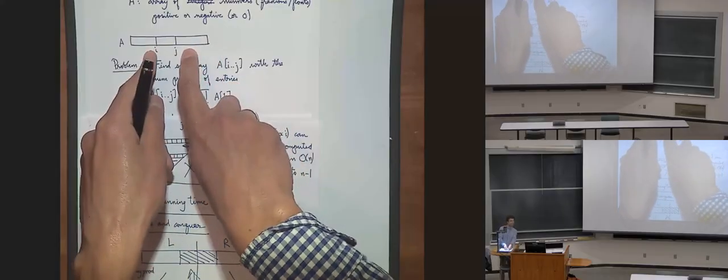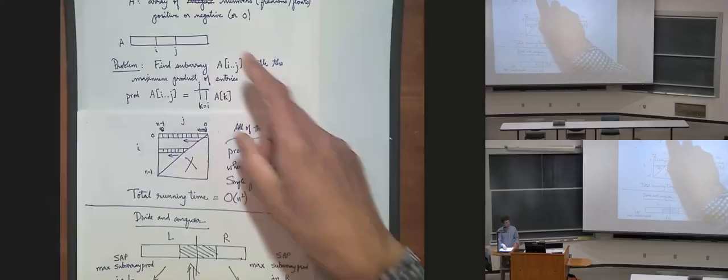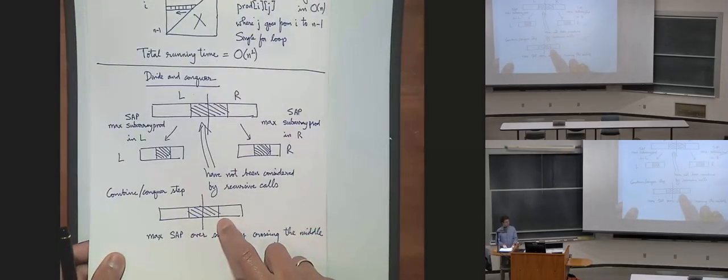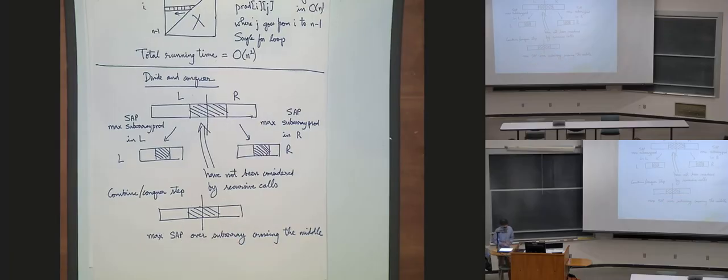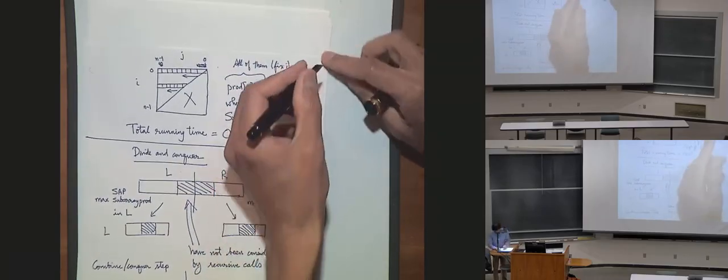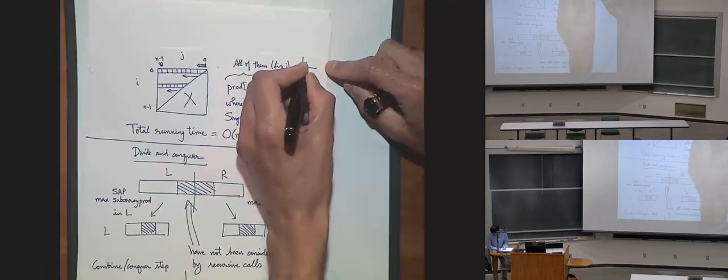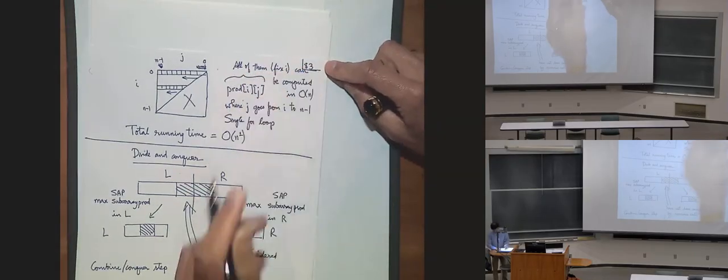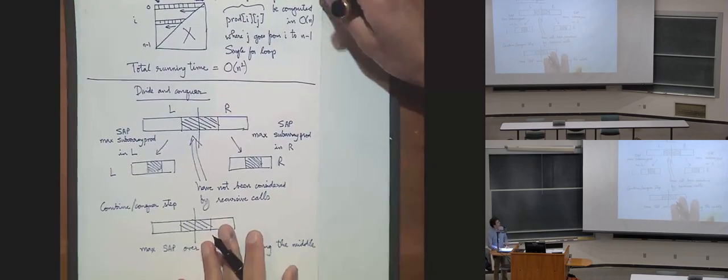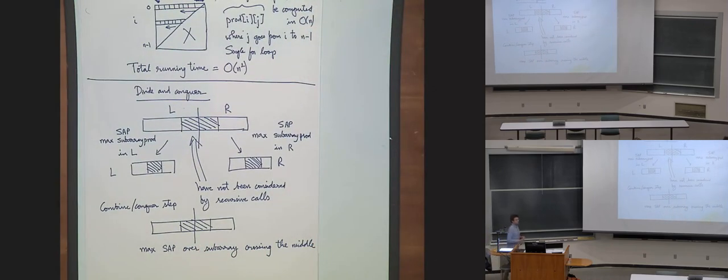It might not necessarily cross the middle. So by and large, firstly, by the rules of recursion, you're not allowed to call your recursive procedure on something of the same size.